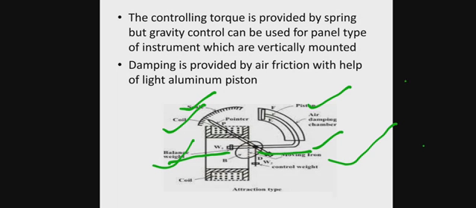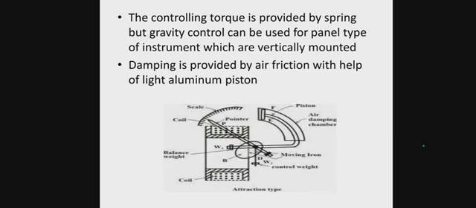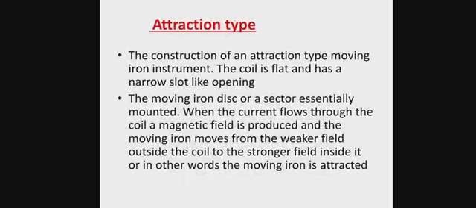Let us discuss its working principle. The moving iron disc or a sector is essentially mounted. When the current flows through the coil, a magnetic field is produced and the moving iron moves from the weaker field outside the coil to the stronger field inside it.